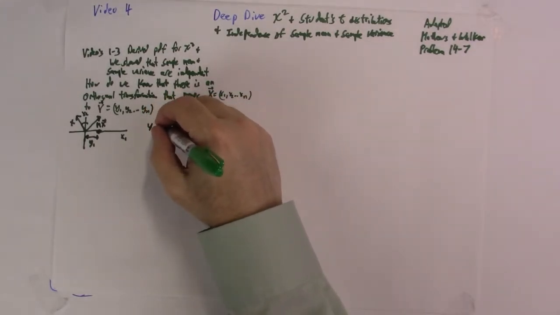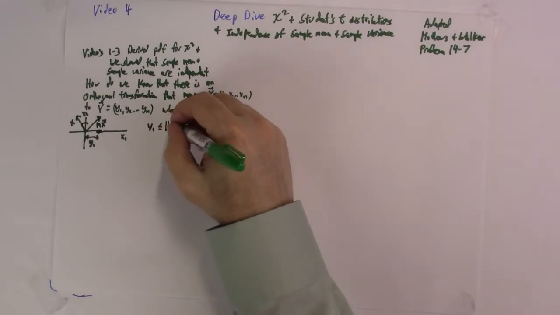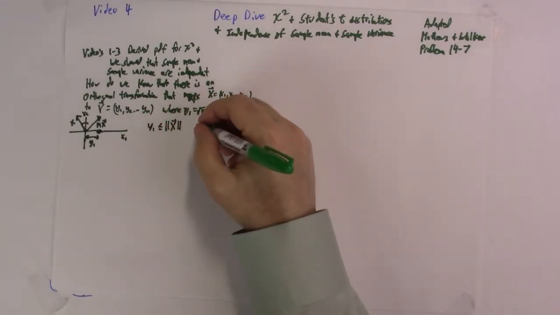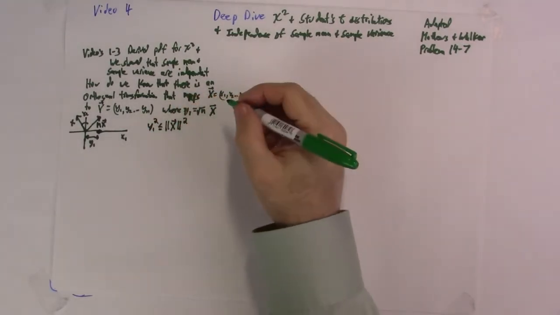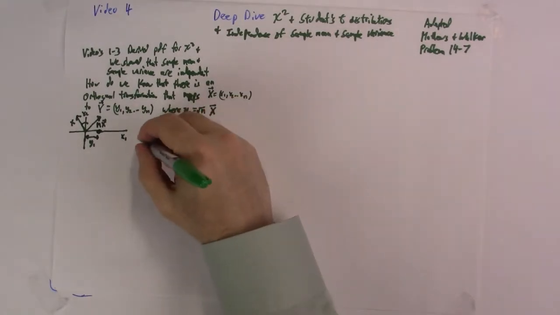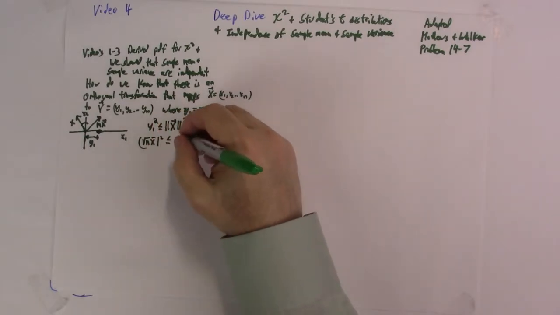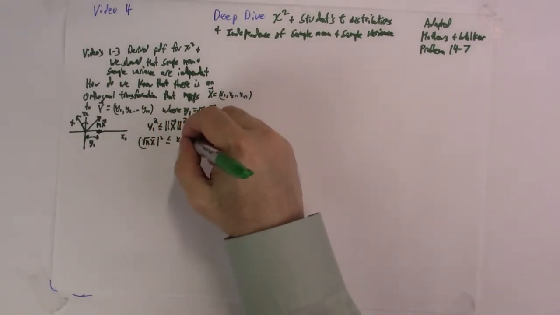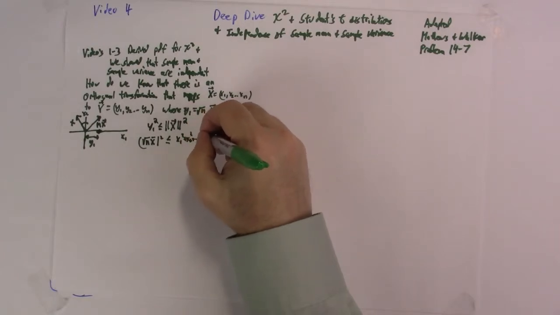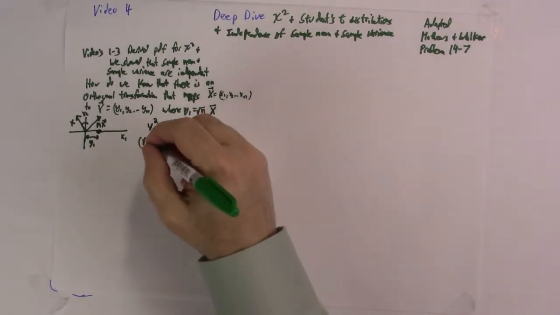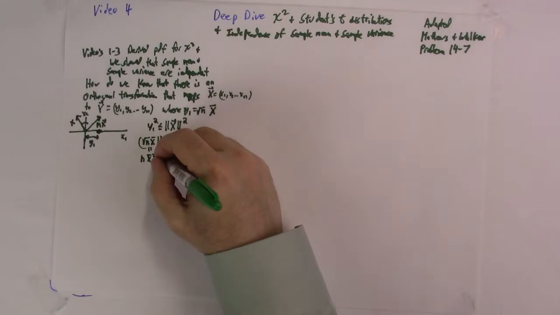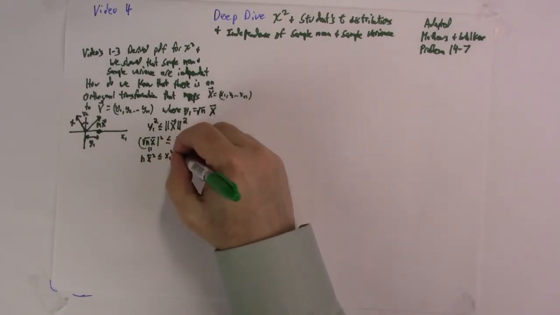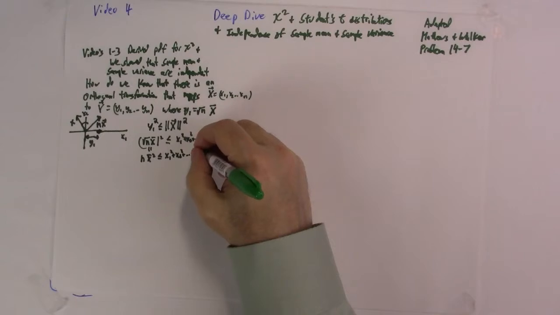We have to make sure that y1 is less than or equal to the norm of the vector x, or y1 squared is less than the norm of the vector x squared. Well, this is just the square root of n x bar squared less than or equal to x1 squared plus x2 squared plus dot dot dot xn squared, or n x bar squared is less than or equal to x1 squared plus x2 squared plus dot dot dot xn squared.